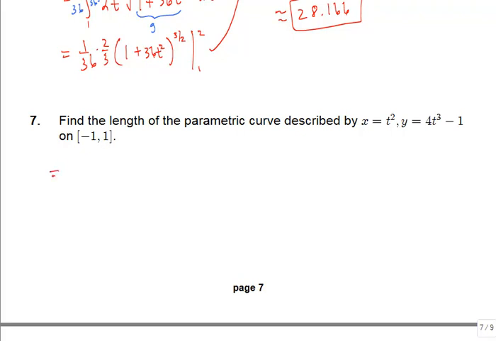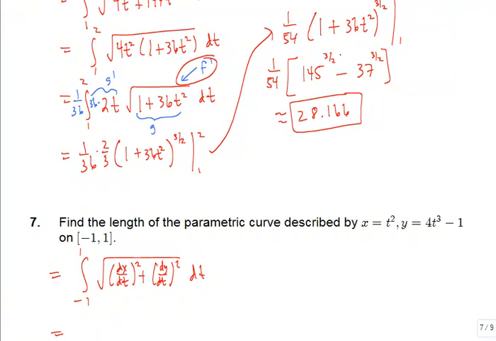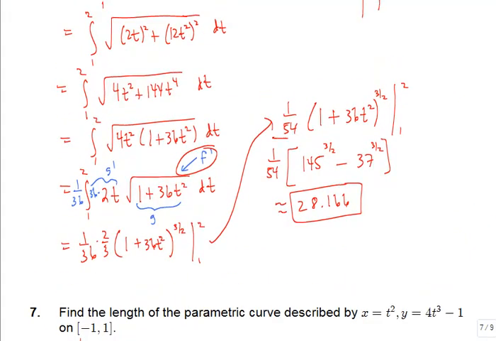So this would be the integral from -1 to 1 of that square root of our dx dt squared plus our dy dt squared dt, and it's the exact same curve, so all this inside stuff is actually going to be exactly the same, and in fact the antiderivative of all of this would be the same as well. So we're going to get the same result that we got right here, because all of this part matches.